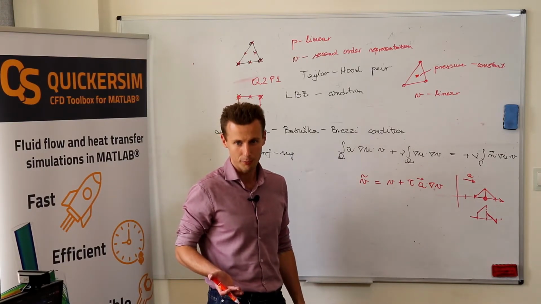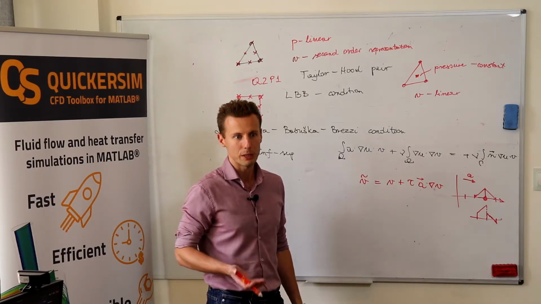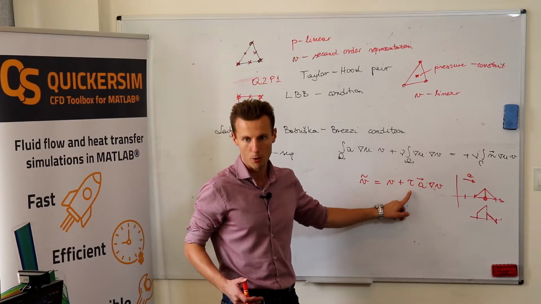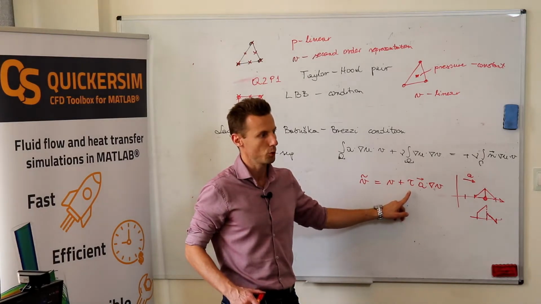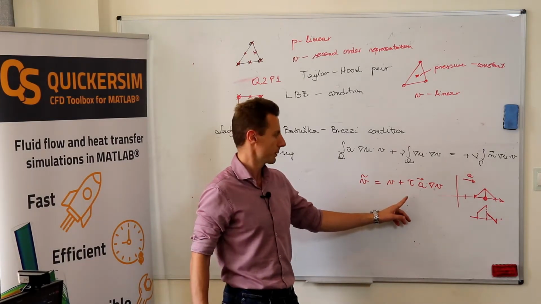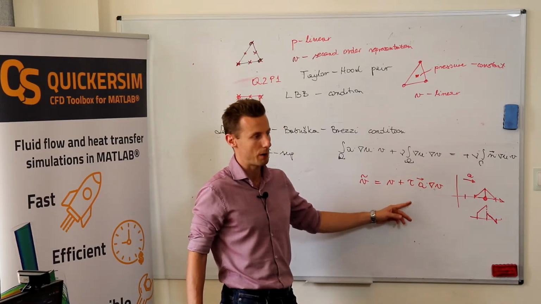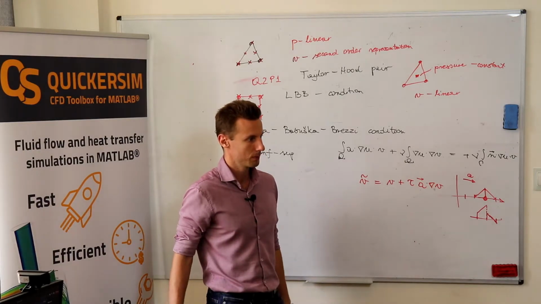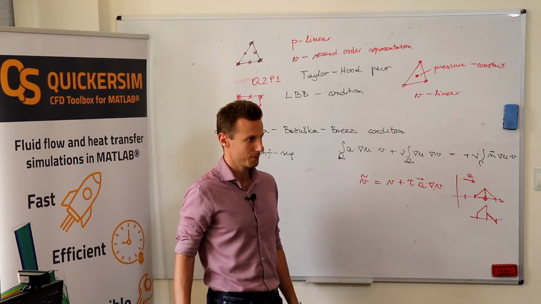I mean, it adds diffusion. So if you can, you rather want to keep this parameter small, but you want to keep such a value of this parameter to keep your scheme stable. Questions?